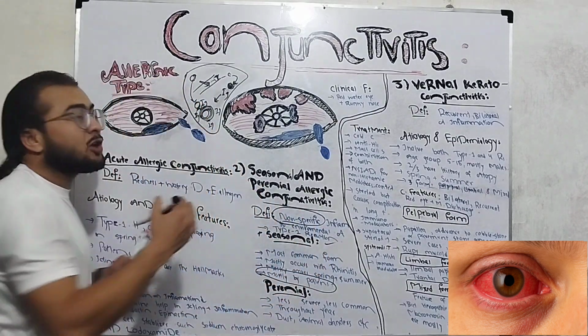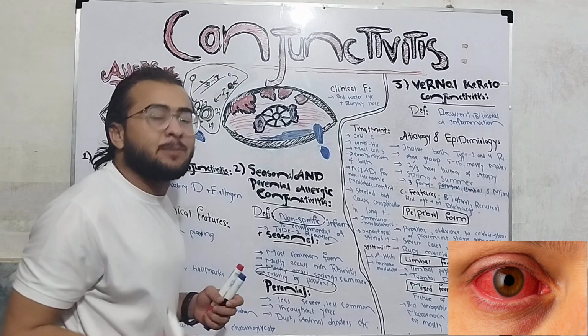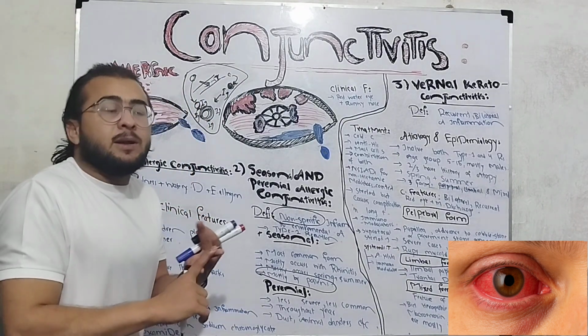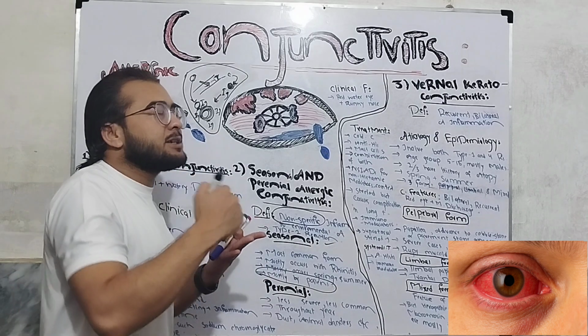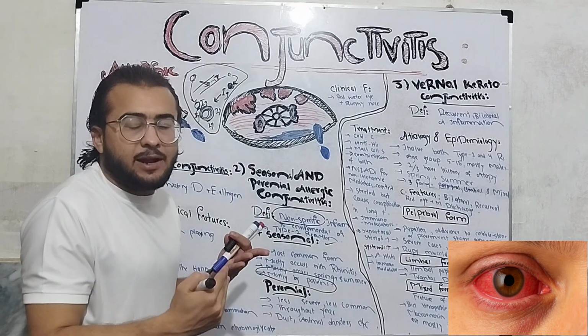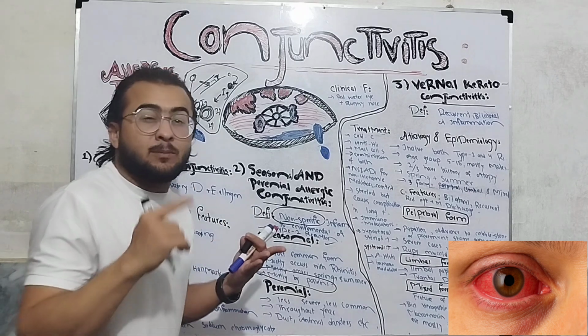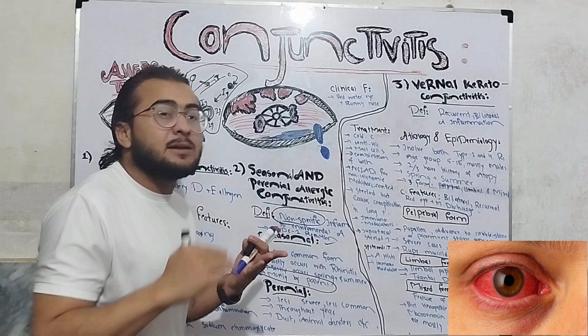So this is a short overview of type 1 hypersensitivity reaction. This type of allergy mostly presents in young children and adults, most commonly during the spring and summer.